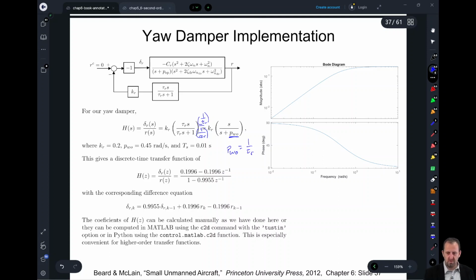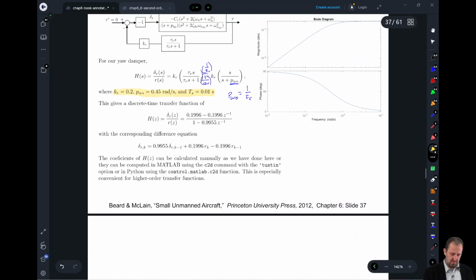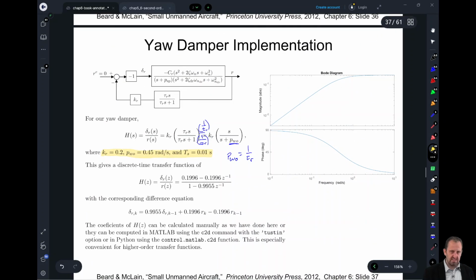So you can rewrite it in slightly different form. And this is just the resulting transfer function that you would get in implementation if you had these values. Okay, excellent. Those are some implementation details to help us out.